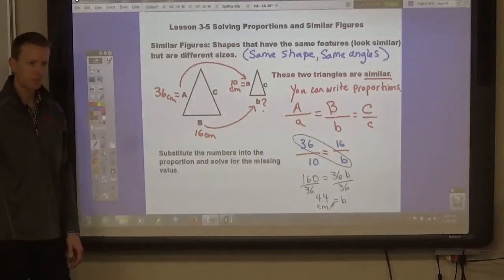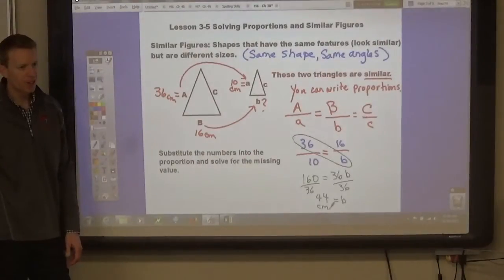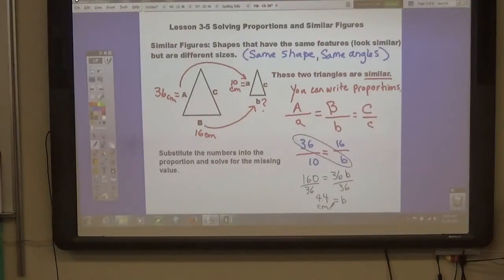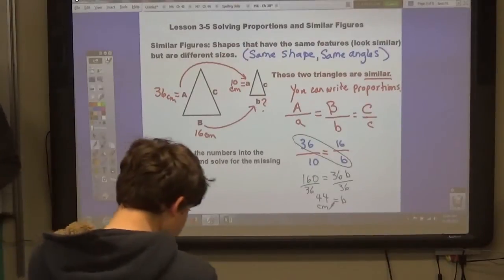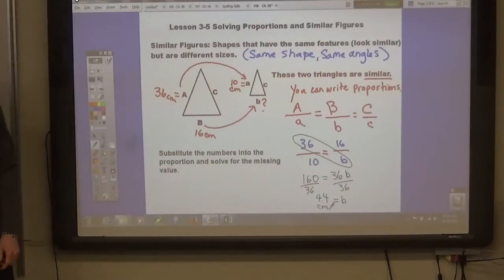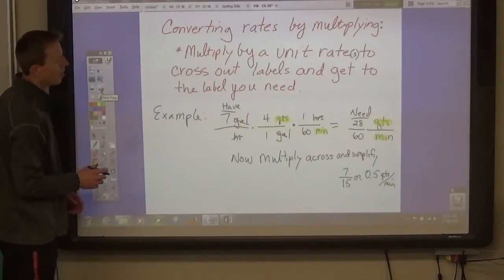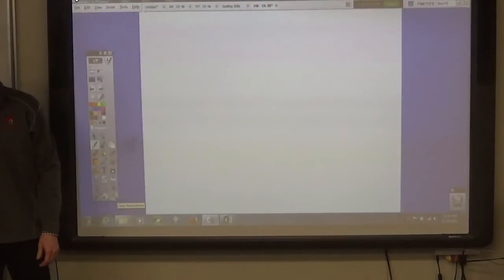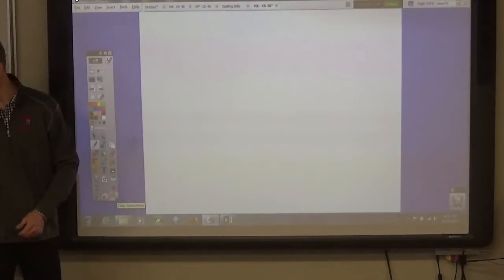Okay. Do you understand how to do these? And how they're proportional? Good. Go to page 151.